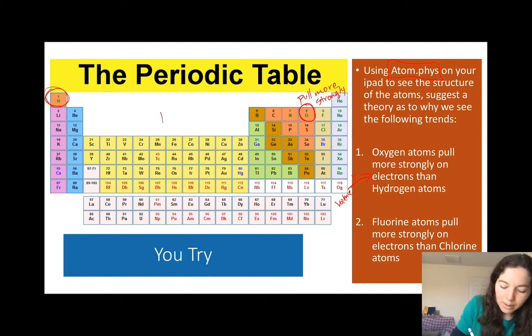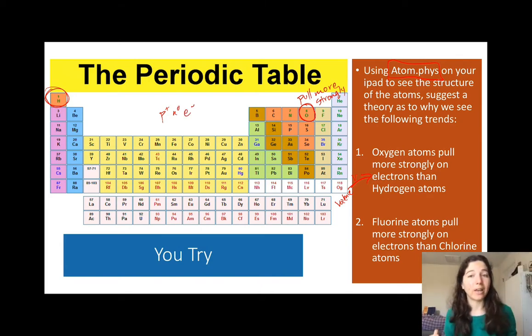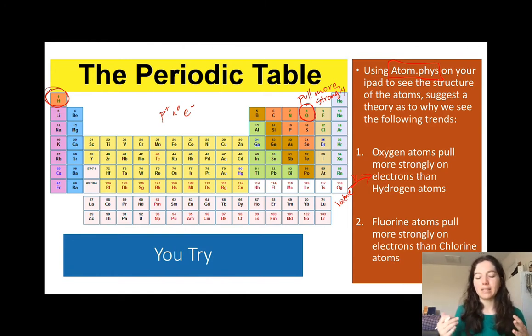So look at the number of protons, look at the number of neutrons, look at the number of electrons, look at the number of electron shells in order to figure out why you might see that your valence electrons, the outer ones, are being pulled more strongly with oxygen versus hydrogen.